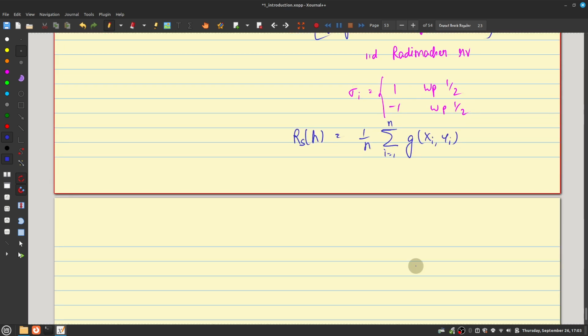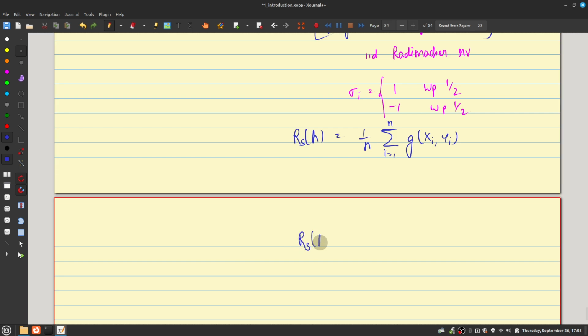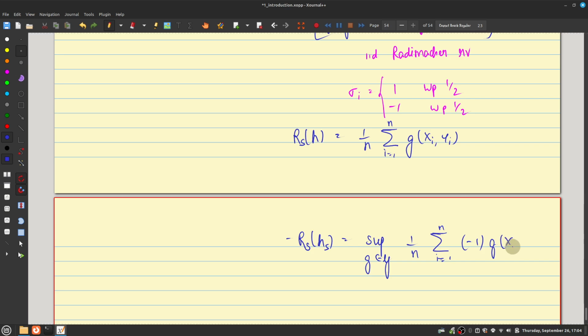Another point is that the negative of the minimum empirical risk is equal to the supremum over all g in G of 1 over n summation i equal to 1 to n of minus 1 times g of xi yi.